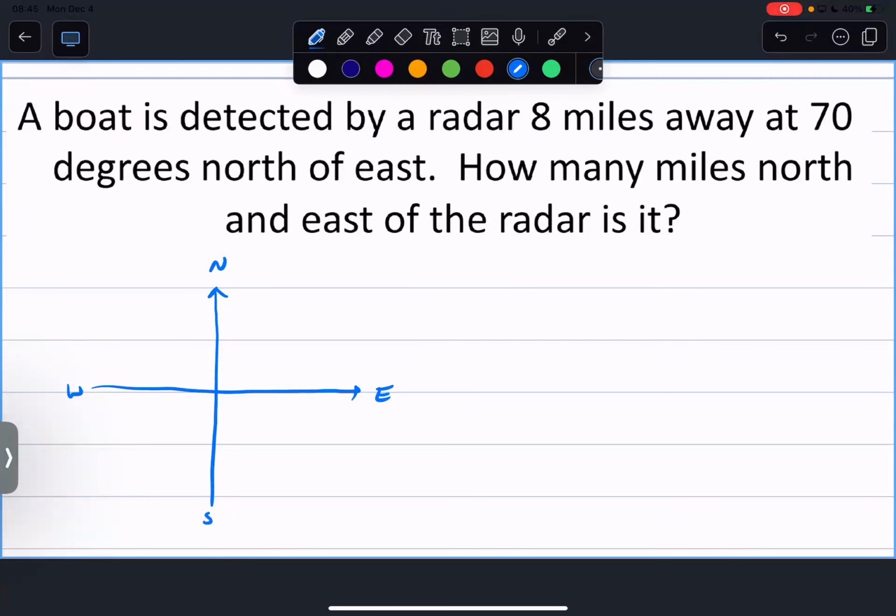A boat is detected by a radar. Now I'm going to say the radar is here at the origin, because that's the only way that this problem makes sense, even though it's not clear necessarily. But 70 degrees north of east, so I'm going to force this angle to be 70 degrees north of east.